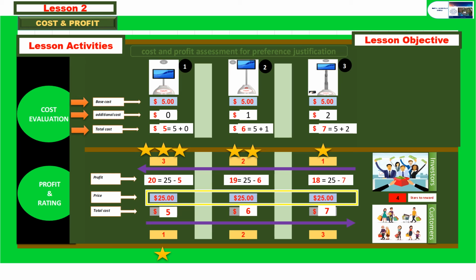So they give the version with less sophistication 1 star, the middle version 2 stars, and the highest version, which is the most sophisticated, 3 stars, if they all cost the same price. So this is an explanation of how stars are distributed or rated by investors and customers.